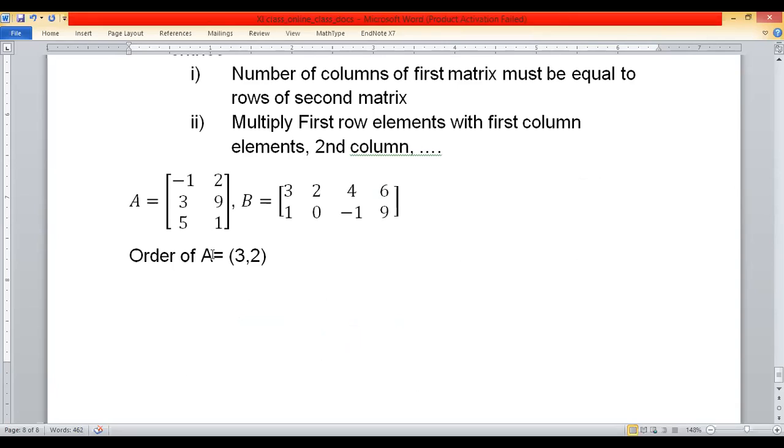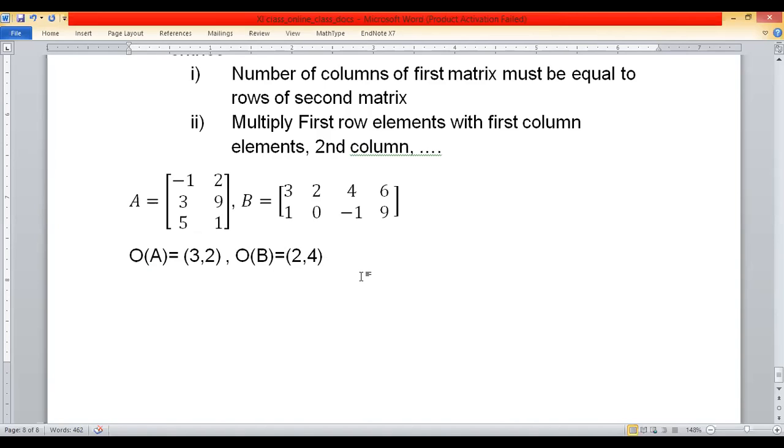Order of B is 2 by 4. You can see the inside dimension is the same.